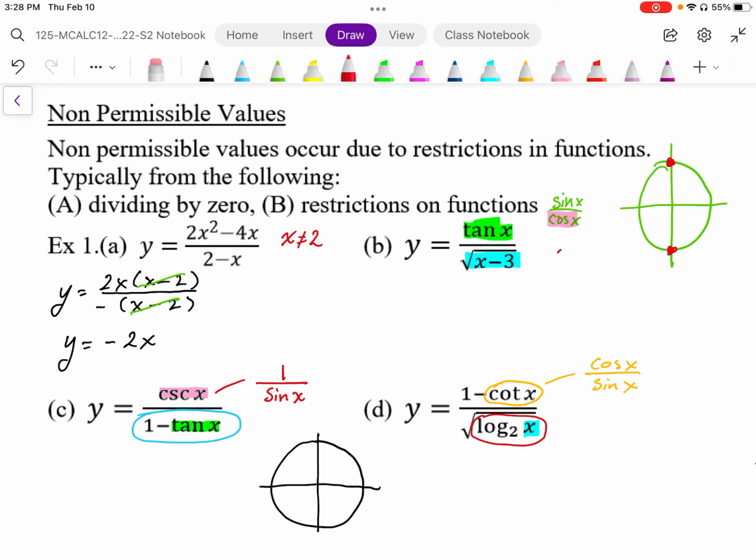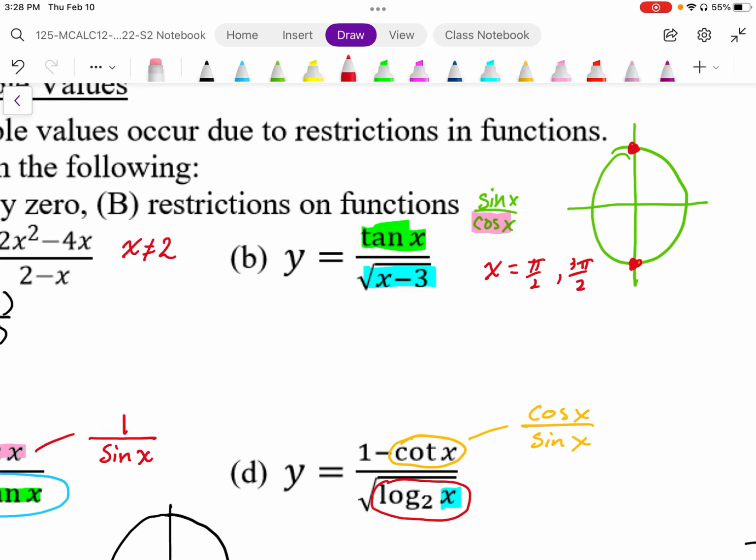So that means x cannot equal pi over 2, 3 pi over 2, and all the repetitions of those. We can simplify that into x is equal to pi over 2 plus n pi, because the restrictions repeat themselves every 180 degrees, or pi.